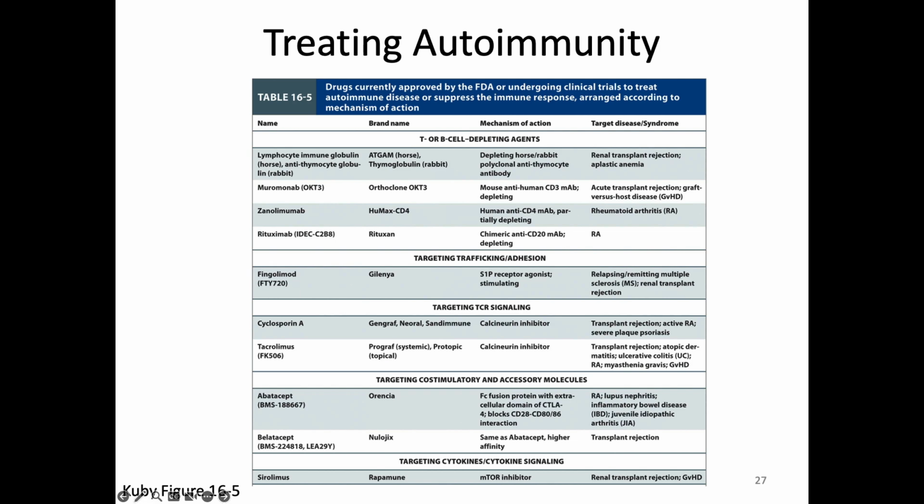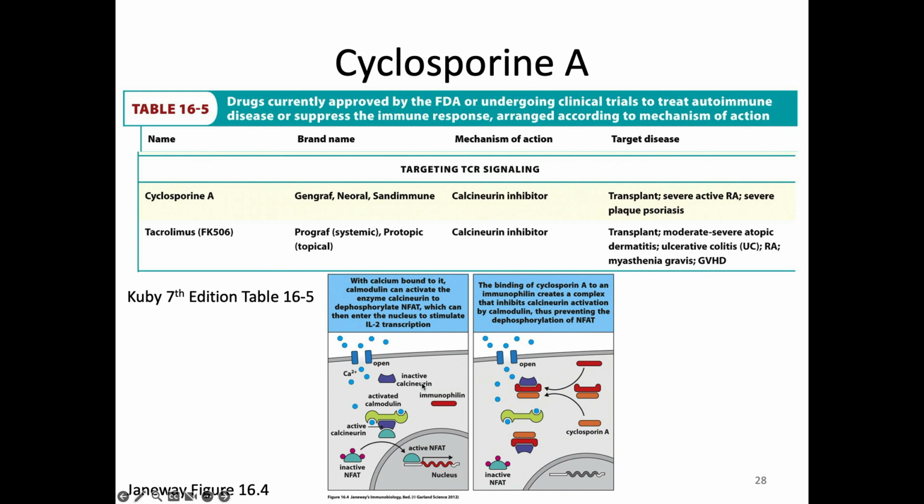I've already told you about one of these treatments, so I'm not going to spend a ton of time on it. I'm just going to remind you that one big treatment that can be used is cyclosporin A. Remember that cyclosporin A blocks NFAT activation, so that NFAT is no longer able to go into the nucleus and lead to transcription and T cell activation.